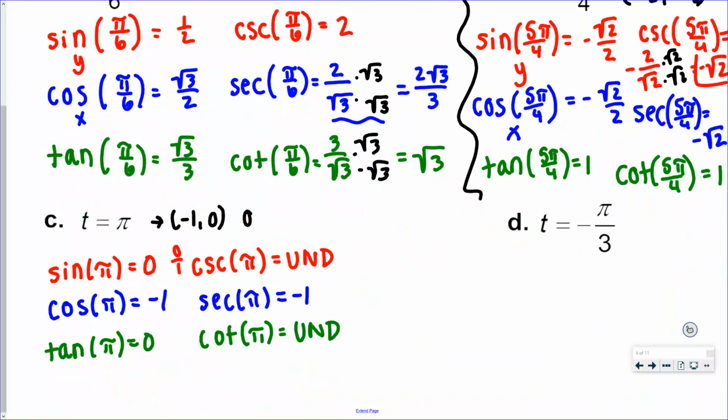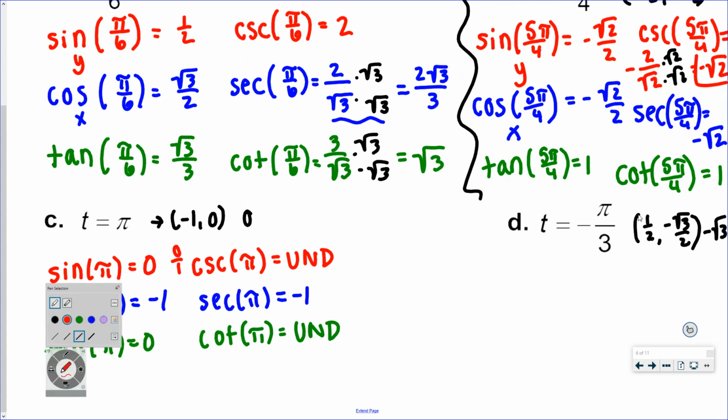If you want to write down the ordered pair, you don't have to. 1/2, negative square root of 3 over 2. And what was tangent's? Negative square root of 3. Okay. So sine of negative pi over 3, actually putting in the angle, is negative root 3 over 2.